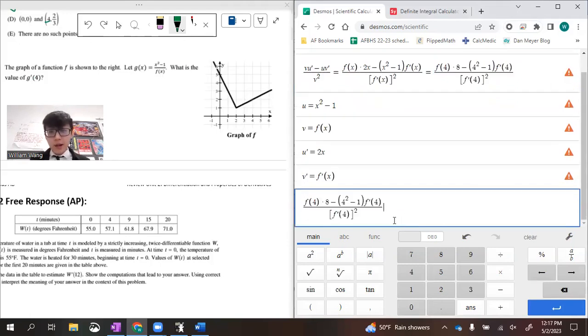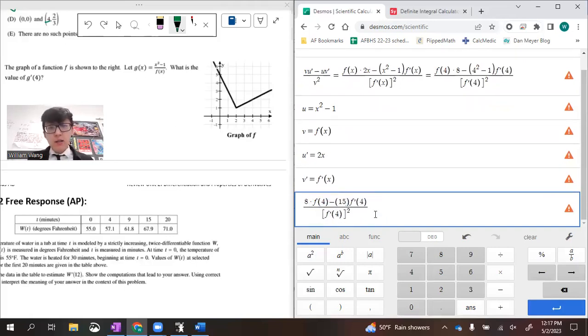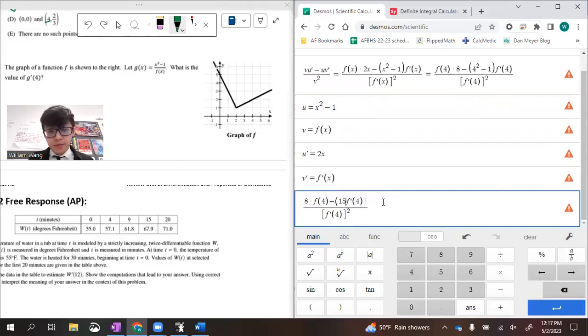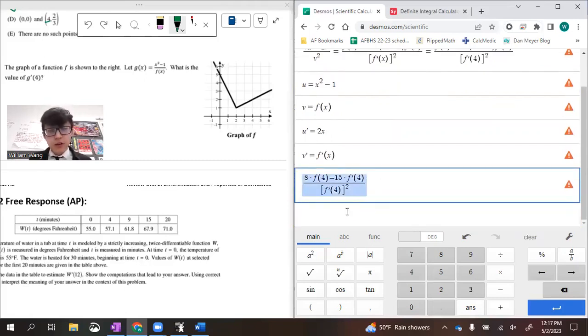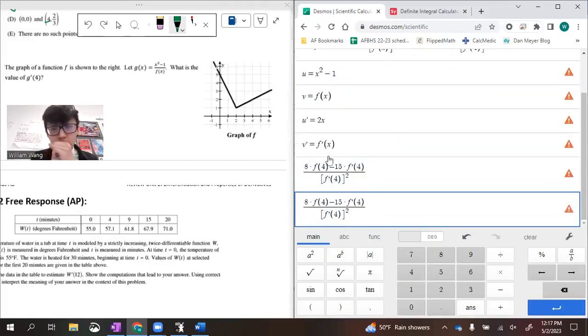Let me simplify this a bit more. So it's 8 times f of 4 minus 15 times f prime of 4, over f prime of 4 squared. Okay, I just have to fill in the f of 4 and f prime of 4 now.